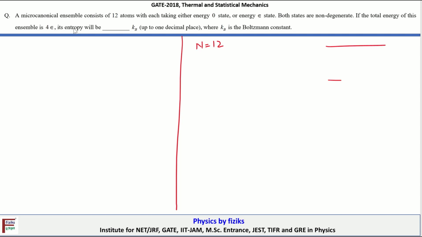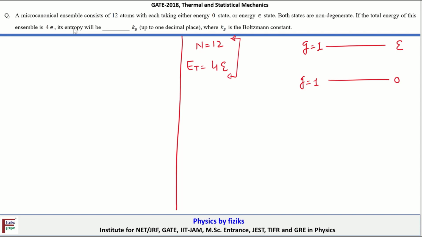Both states are non-degenerate, so g is equal to 1 for both of these states. If the total energy of this ensemble is 4E, its entropy will be... this is a constraint that this system must satisfy.